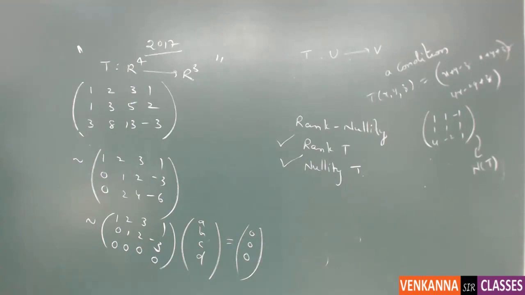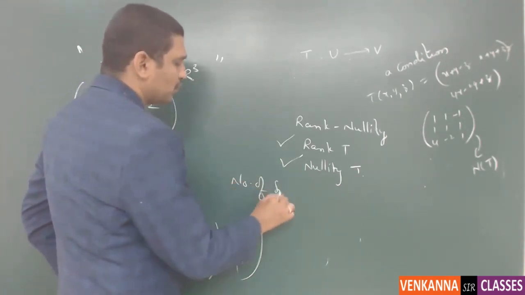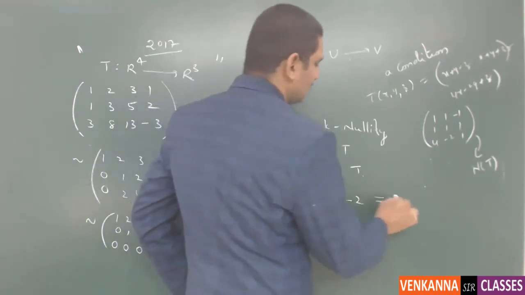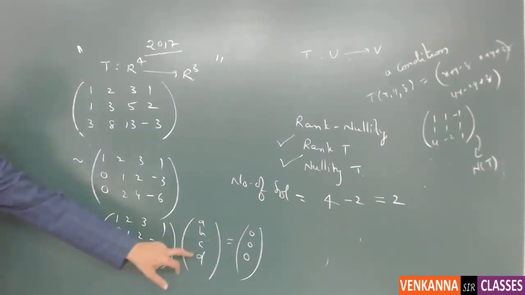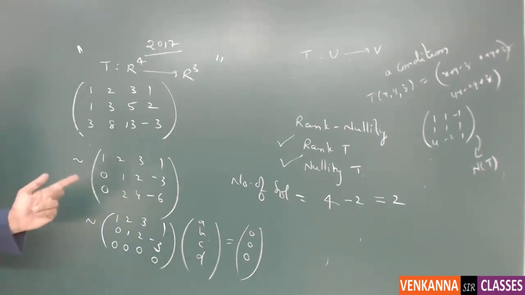Since the rank of the matrix is 2, as per the formula, the number of solutions is equal to the number of variables minus rank, that is 2. So if you take the two values C and D as constants, you are going to get the remaining values.